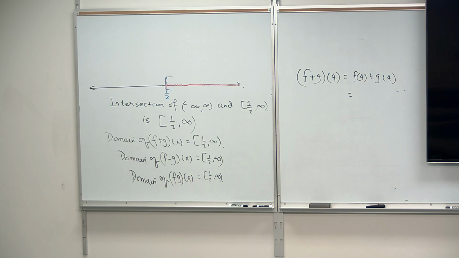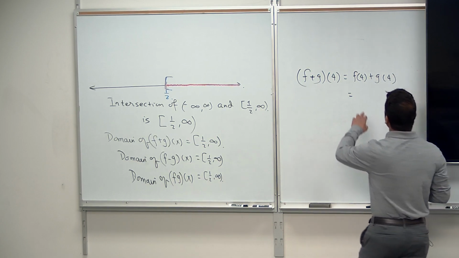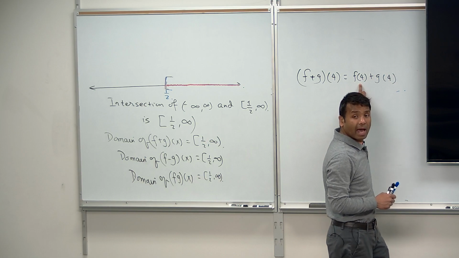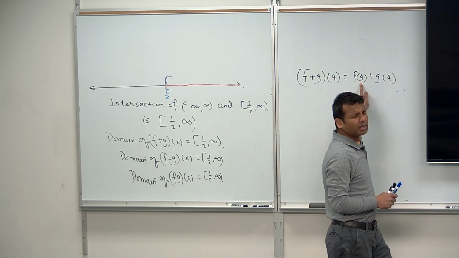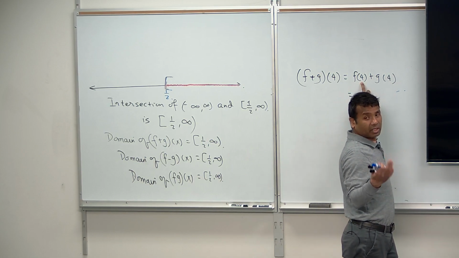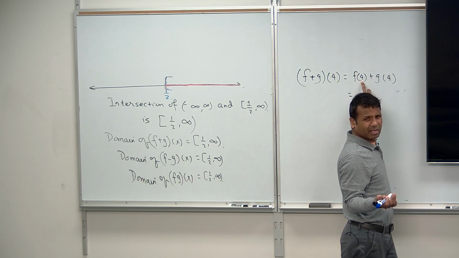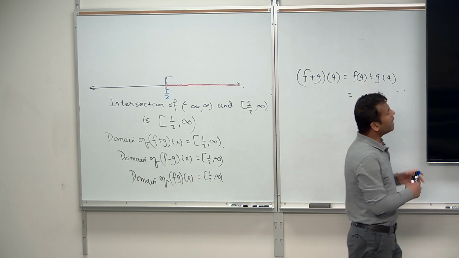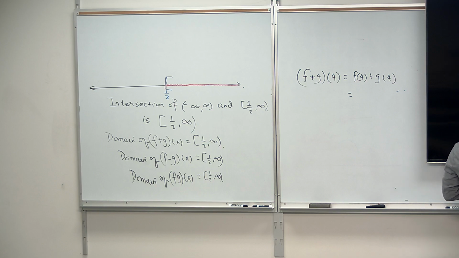What is the value of y when x equals 4? You know f of 4 means the value of y when x equals 4. That makes sense? So when x equals 4, what is your f of 4? It's going to be 9.